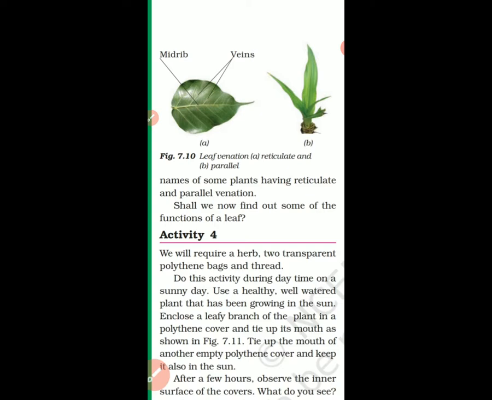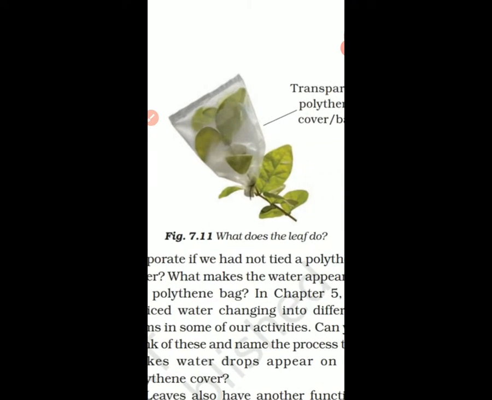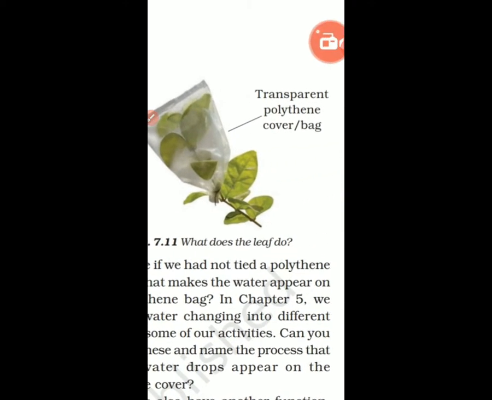What you have to do? You have to tie the leafy branch of a plant with a polythene cover as shown in the figure. Here it is shown like this. You have to tie a polythene bag and keep it in the sunlight.